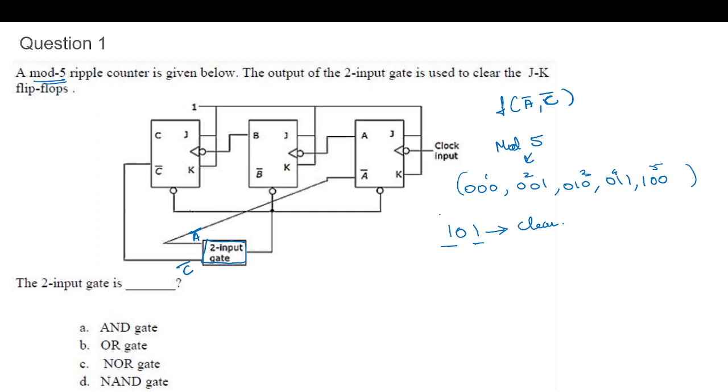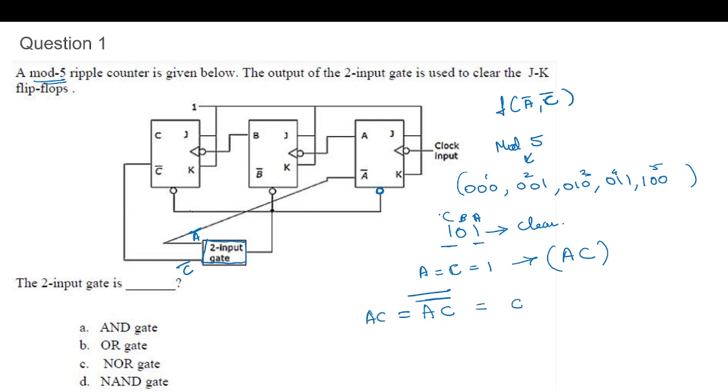If we say A, B, C, both A and C are 1. So A, C are 1. So we want to perform clear when A and C are 1. So this will be the logic equation. And already there is one inversion here, and this will be equal to AC.